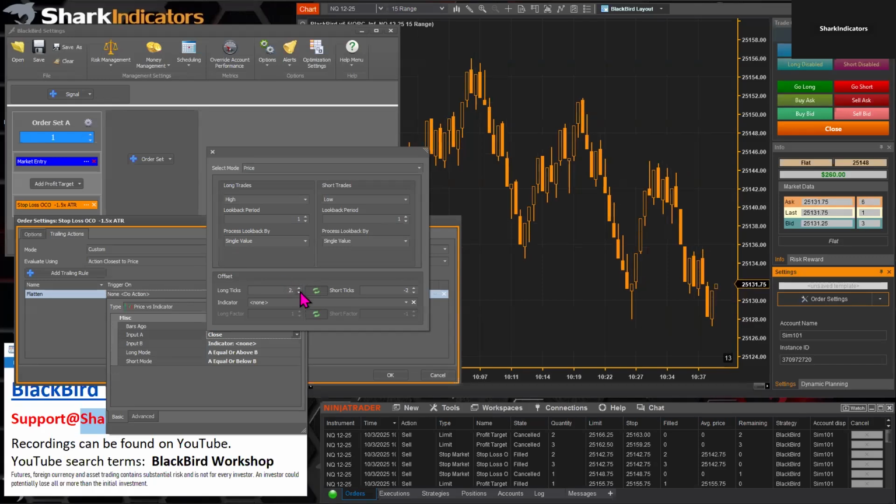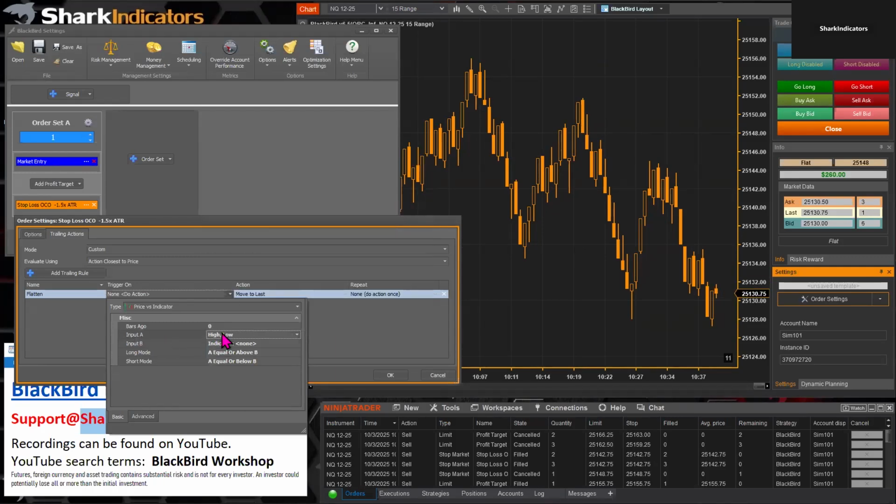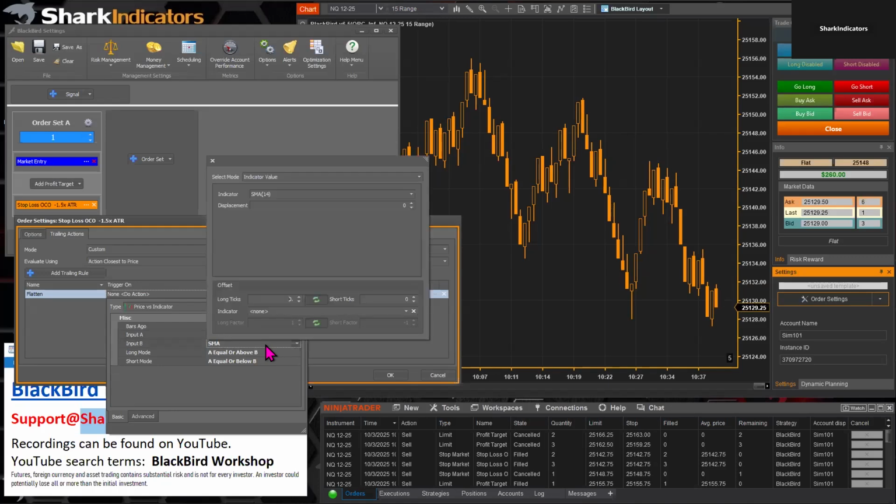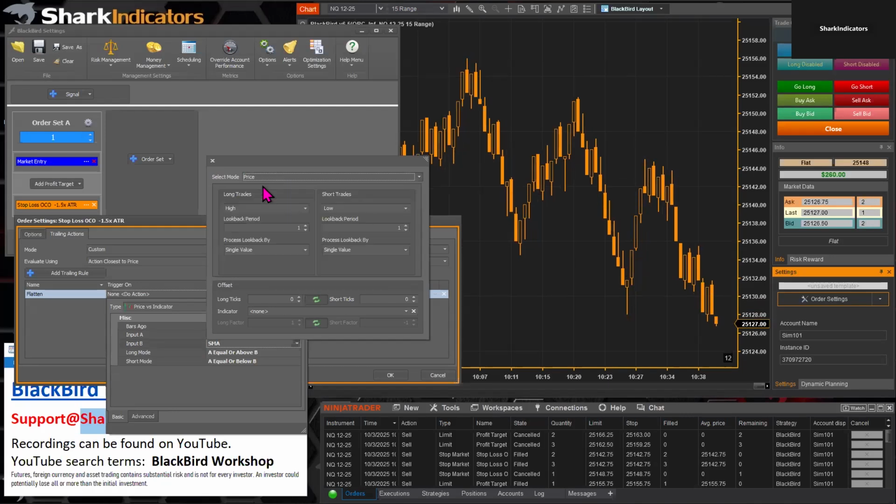So you can add a tick offset as well. So there's the first input, the high and low prices. And then input B is going to be the entry price of the trade. So we're going to change the mode to price. So now we're comparing price versus price.